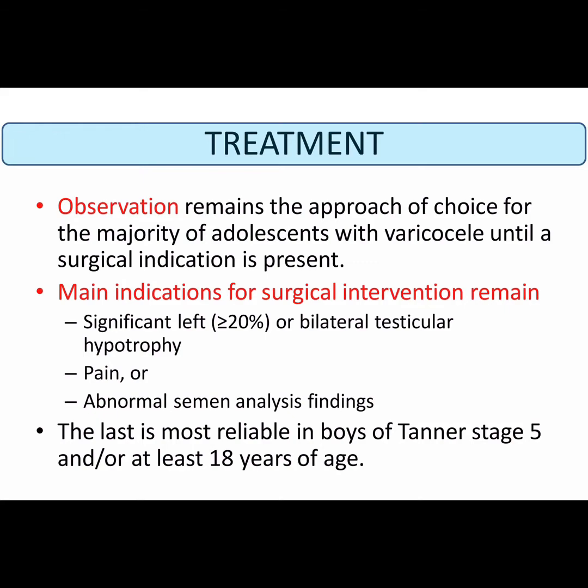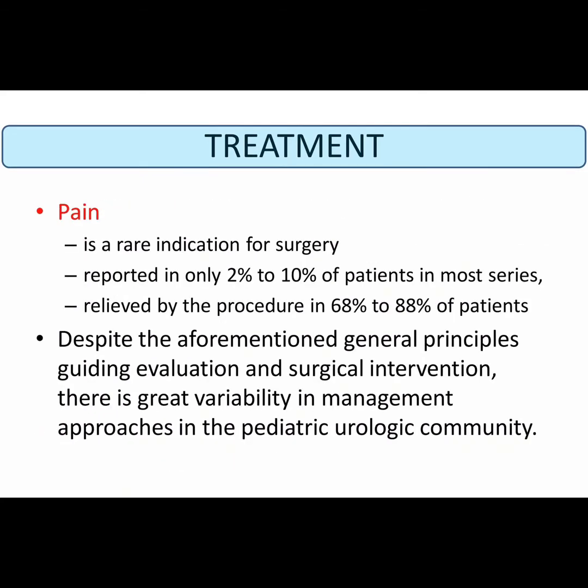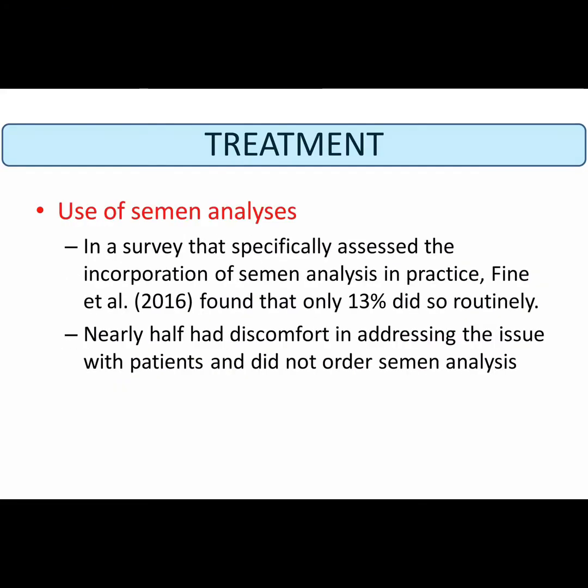What can we expect from surgery? It causes pain relief in around 50% of patients, improves sperm quality in 30 to 50% of patients, improves overall semen analysis in 60 to 80%, and increases the pregnancy rate by 20 to 60%.